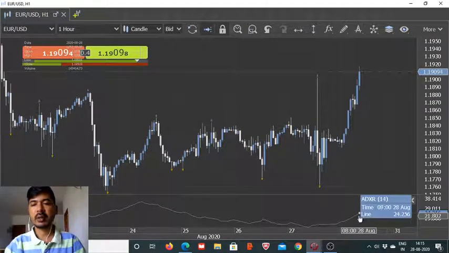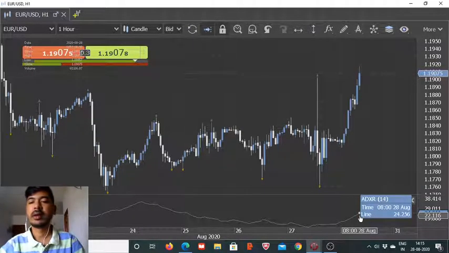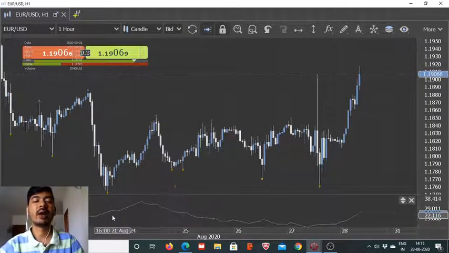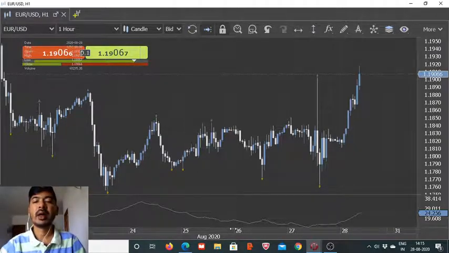Now for the current hour, the output value is at 24.256. That means if we go by its developer's intent, the indicator is just some distance away from entering a trending phase. As per its basic design, a value above 25 is considered indicative of an underlying trend, and a value below 25 indicates that the underlying instrument is in a sideways trend and there is no clear trend present.